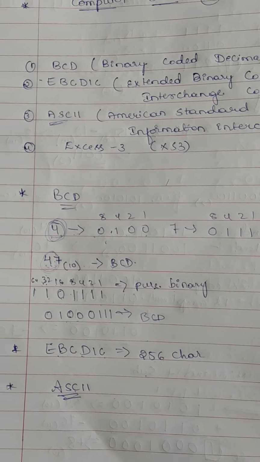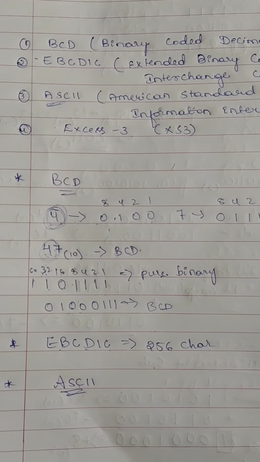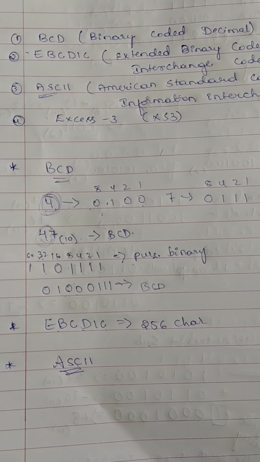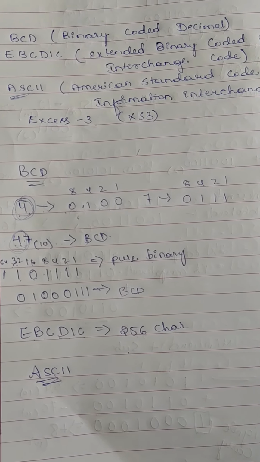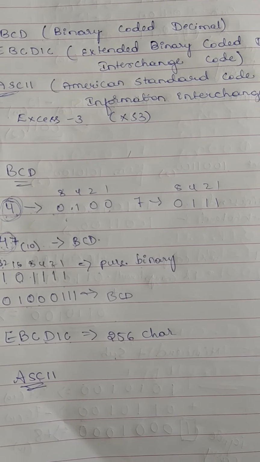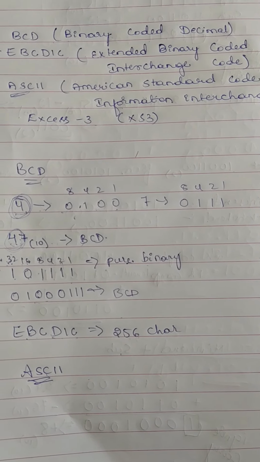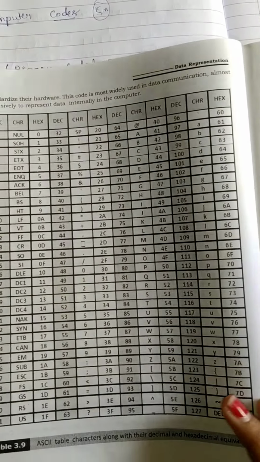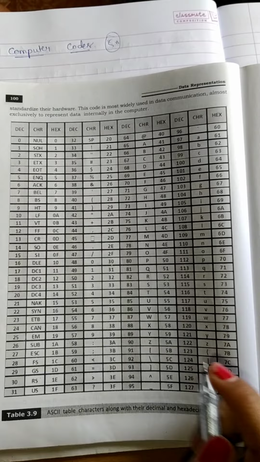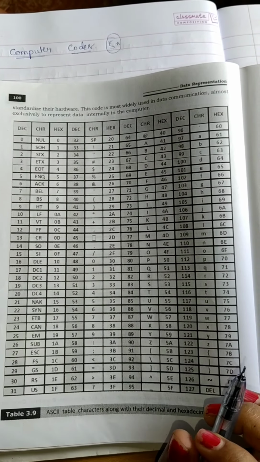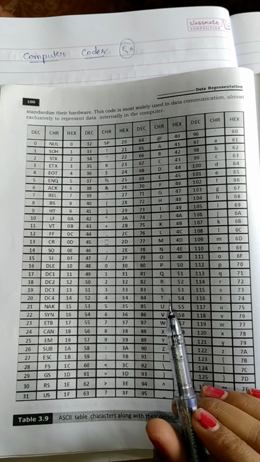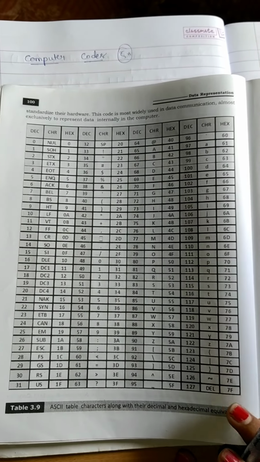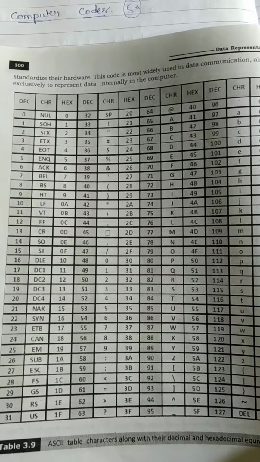So the ASCII format is nothing but a standard, representing each value as a standard for their hardware. It is mainly used in data communication. So you can see the table here. Every letter has its standard. Up to 127 characters you can go through this table.